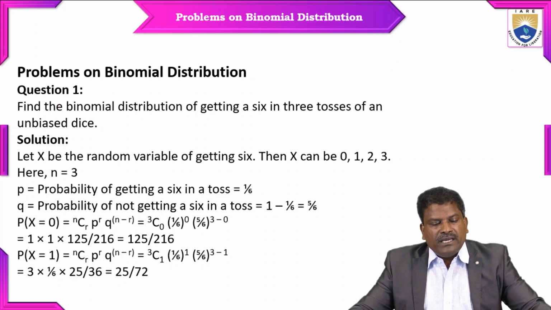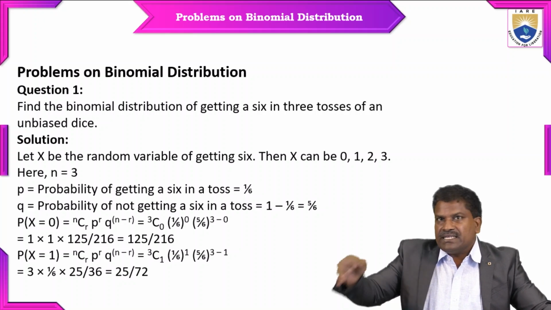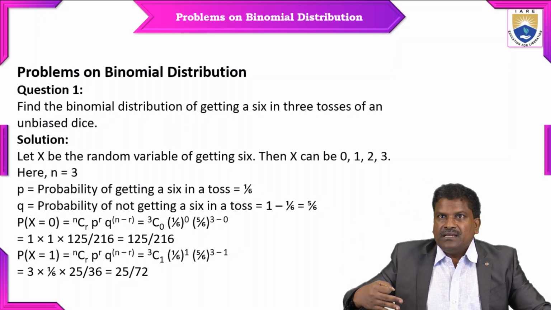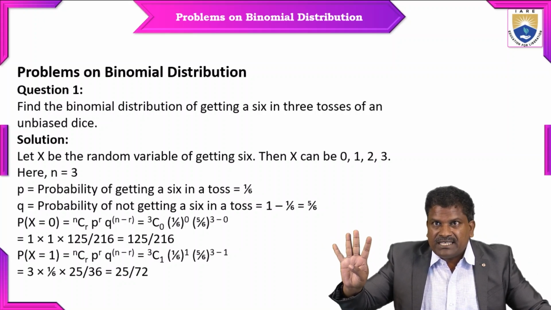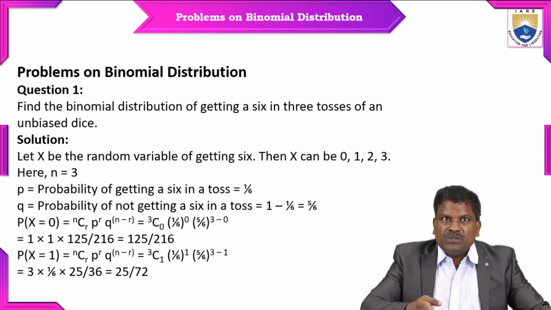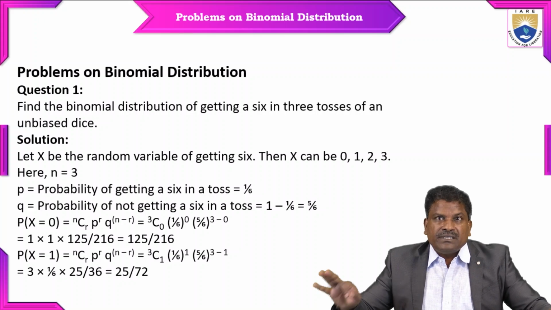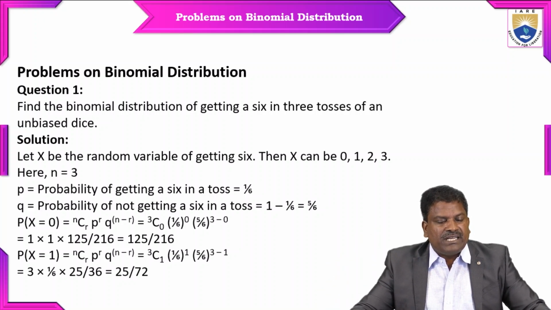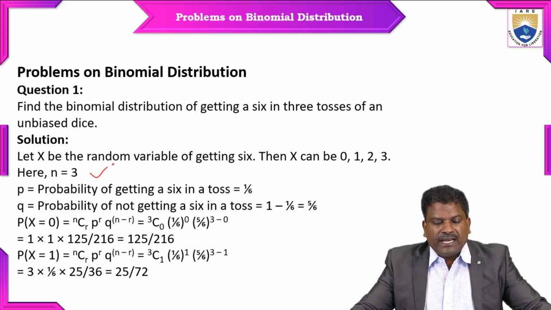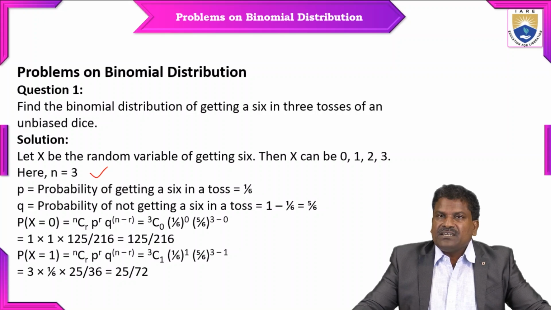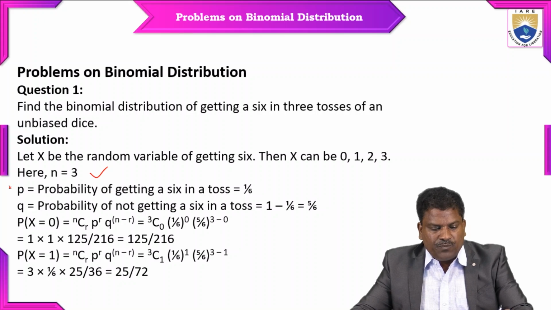So here let x be the random variable of getting a 6. Then x can be 0, 1, 2, 3, because 3 trials are there. These are the possible values for x, and n is equal to 3. Next, the probability of getting a 6 in a toss is 1 by 6, as we discussed; that is the value of p.